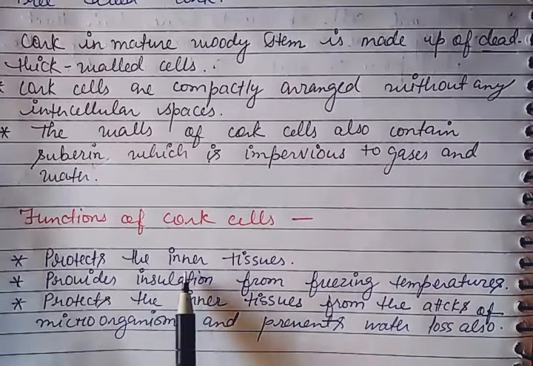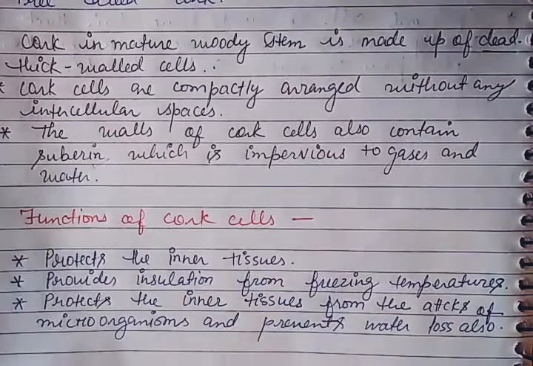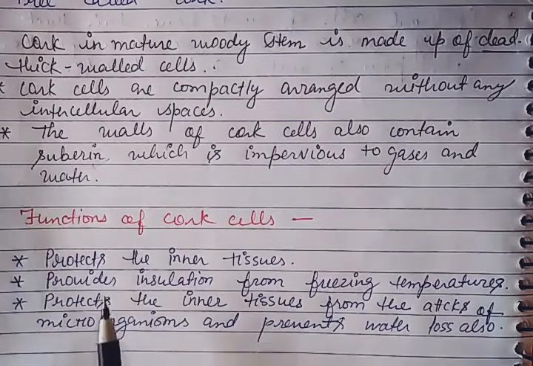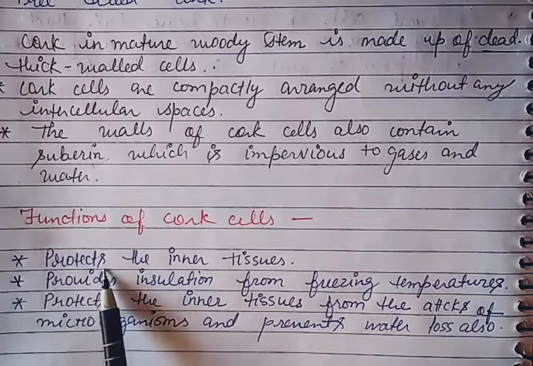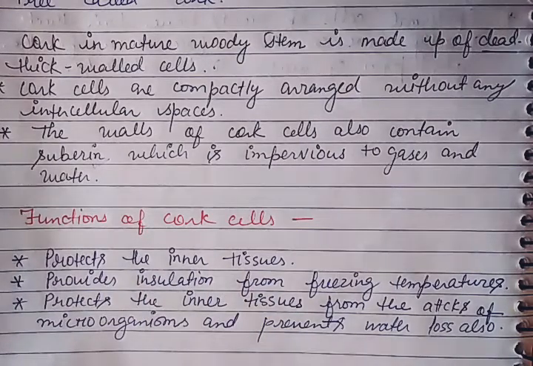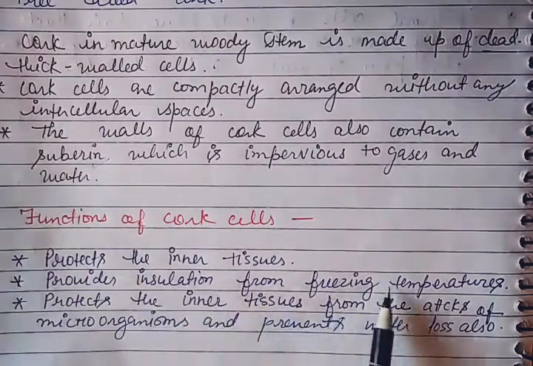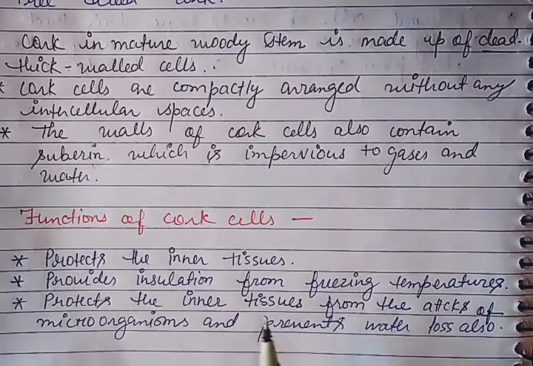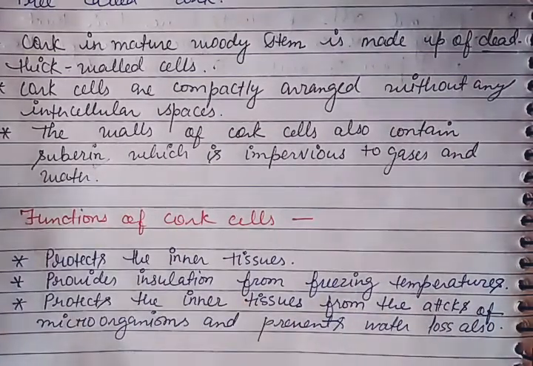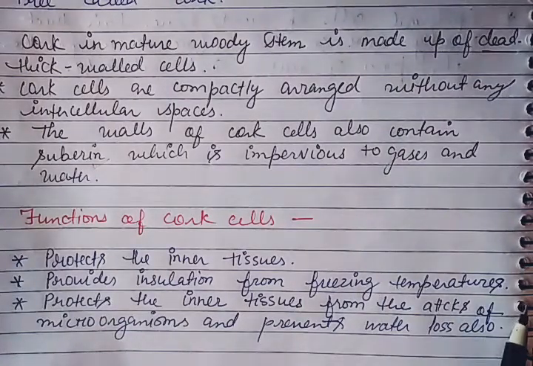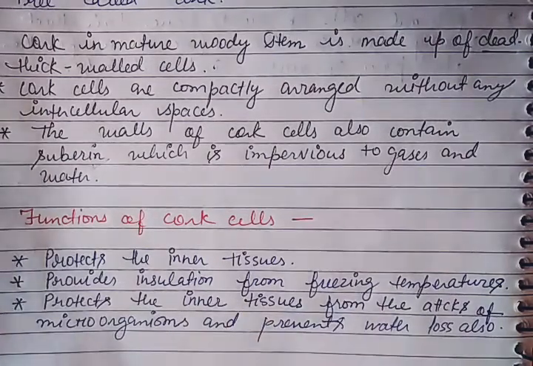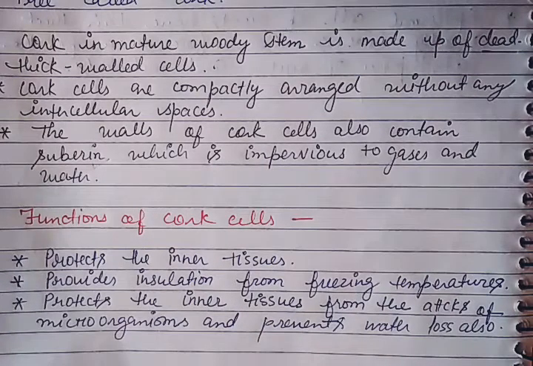It protects the inner tissues because it is the outermost covering and it is multi-layered and thick, so it covers the surface of the plant's body and protects the internal tissues of the plants. It provides insulation from freezing temperatures. It acts like an insulator and protects the plant's body from any freezing temperature, means in very cold weather, it reduces the loss of heat from the plant's body.